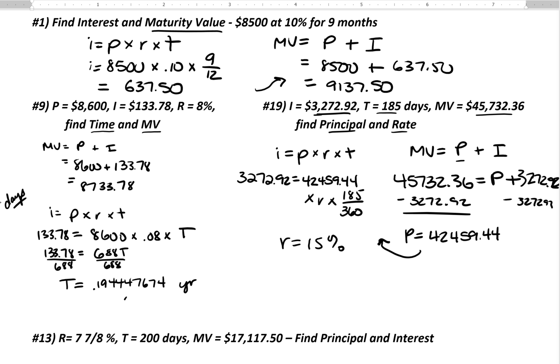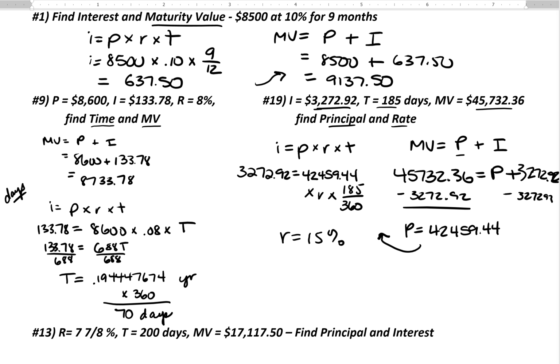So if we want this in days, we're going to assume ordinary interest, so 360 days in a year. So if we multiply 0.19447674 times 360 days, we get 70 days would be the time. And so you can solve using those two equations, just work your way through.